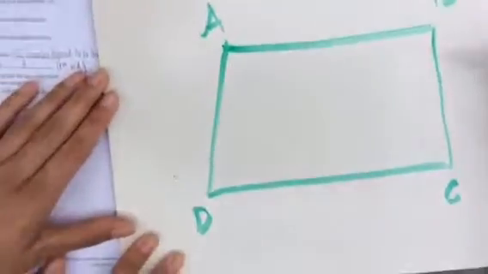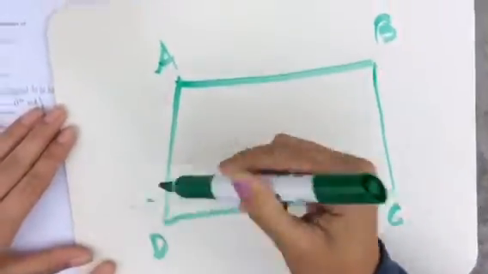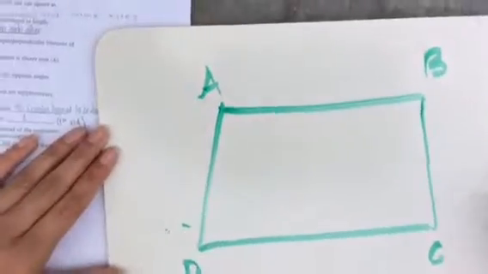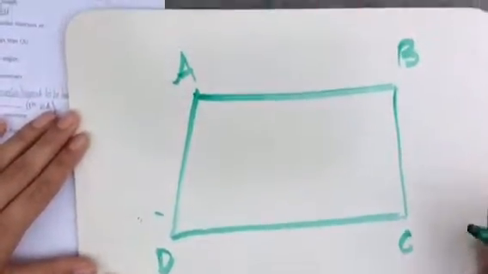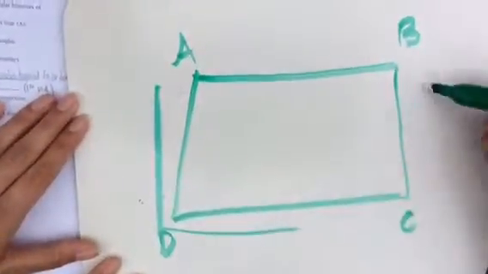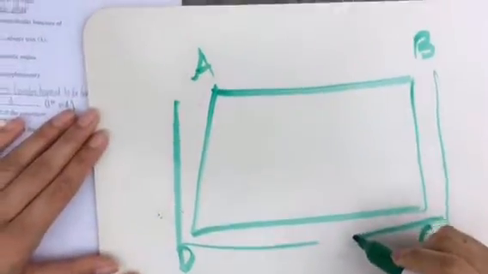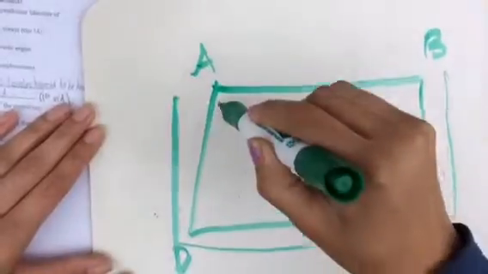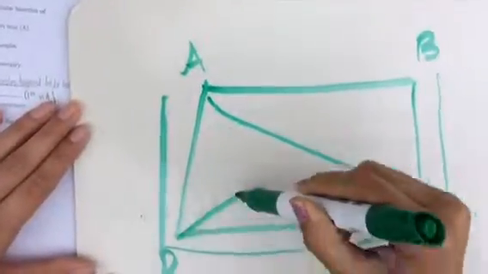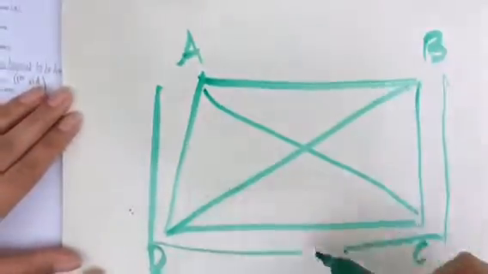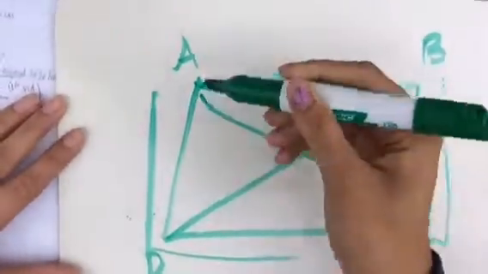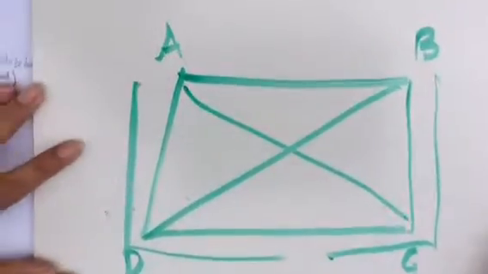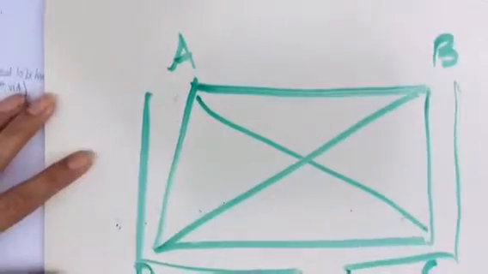Since we know that this is isosceles, we know that AD is going to be congruent to BC. And also the base angles ADC are congruent to BCD. So now we know that AC is congruent to BD, because the base angles are congruent and we have two sides of the trapezoid that are also congruent. Oh, now I get it. Thanks for proving me wrong.